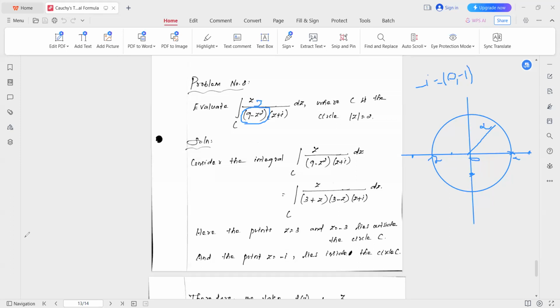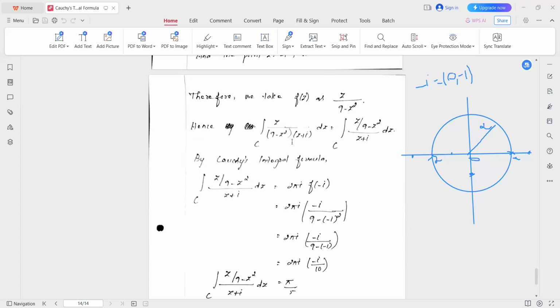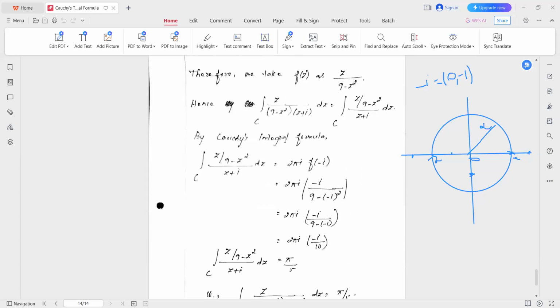So the given integral over C of z by (9 minus z square) into (z plus i) dz is equal to the integral of [z by (9 minus z square)] divided by (z plus i) dz.